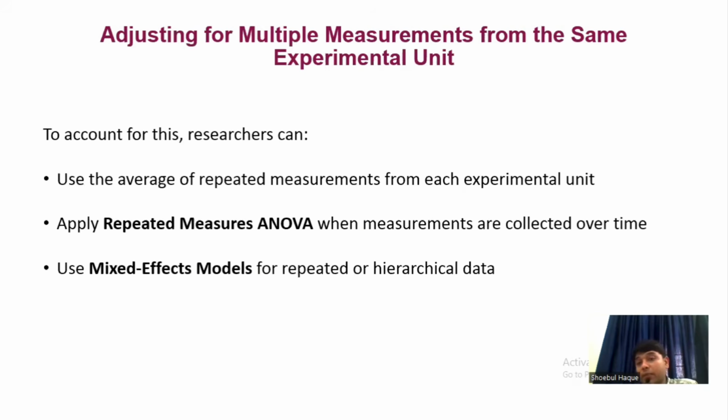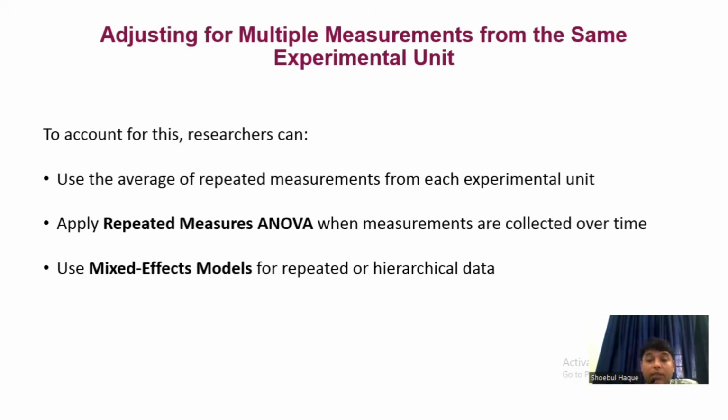How can we adjust for multiple measures from the same experimental unit? Suppose in the case of the pregnant female rats, there are 12 pups. We cannot treat the individual observations from all 12 pups as independent.